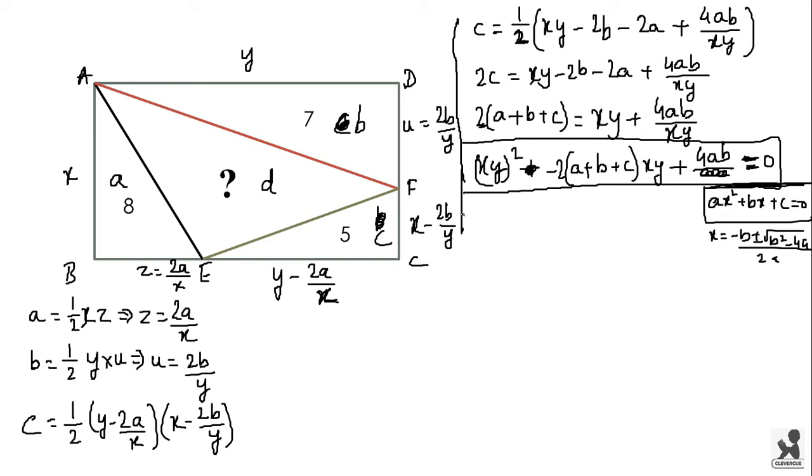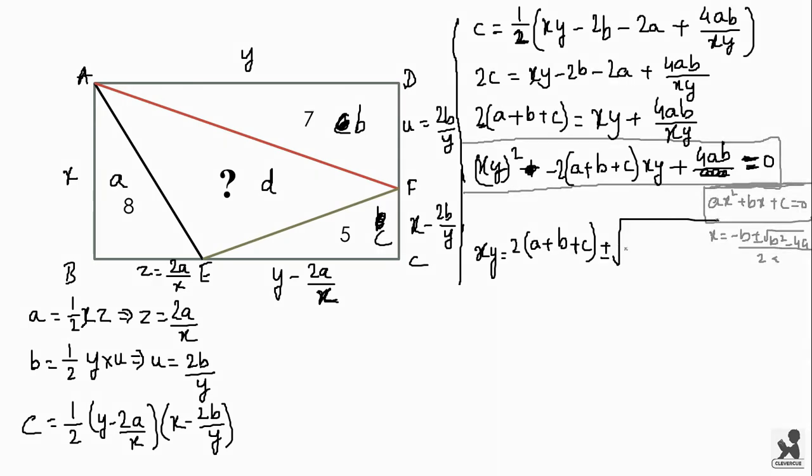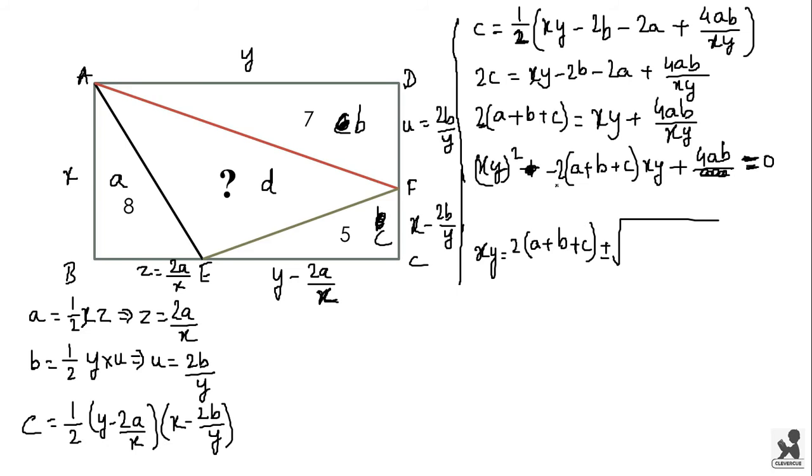Similarly, here we can write the value of xy as minus b, that is 2 into a plus b plus c, plus or minus under root b square, that is the square of this term, that is 4 into a plus b plus c whole square minus 4ac, that is 4 into 1 into 4ab, that is 16ab.